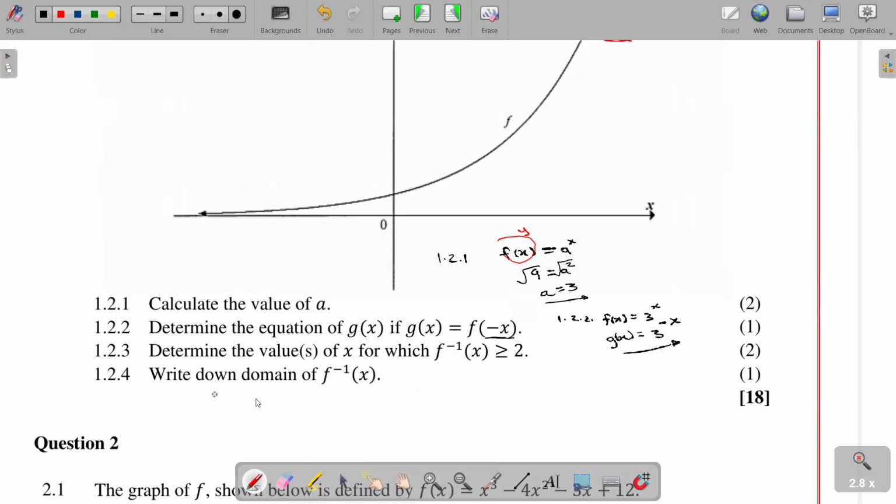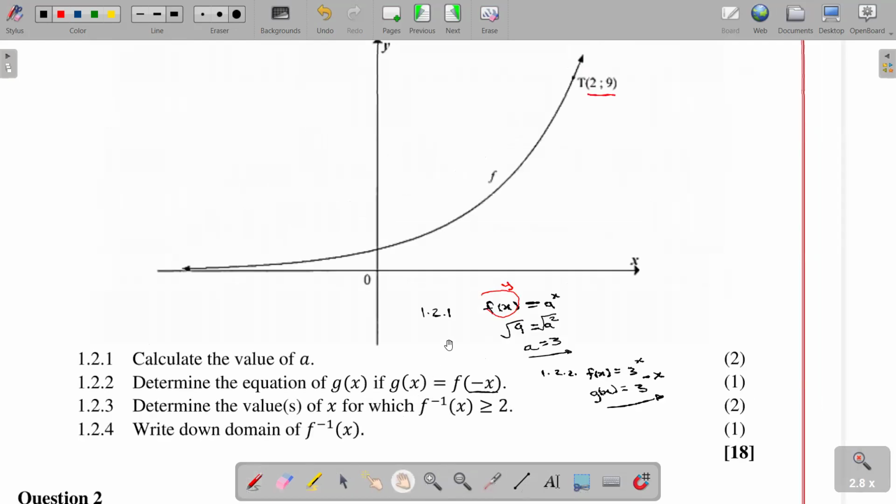Then the third question is saying determine the values of x for which the inverse is greater than or equal to 2. If you check, we now want the inverse. So if we are to check the inverse by just looking at this graph, let's go to the graph.